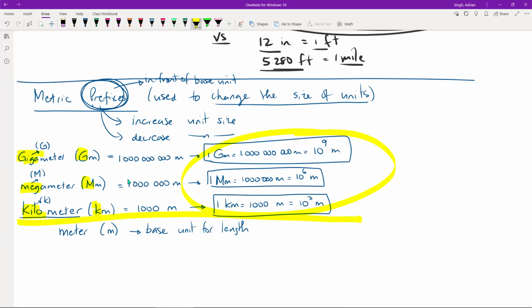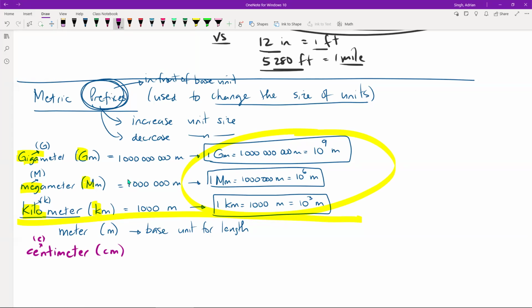Now, the prefixes that decrease the size of the unit are going to be the following ones. Again, we're going to limit our scope to the most common ones. The first one here is going to be centi. So if I have a centimeter, centi is abbreviated small c, so that would be cm.